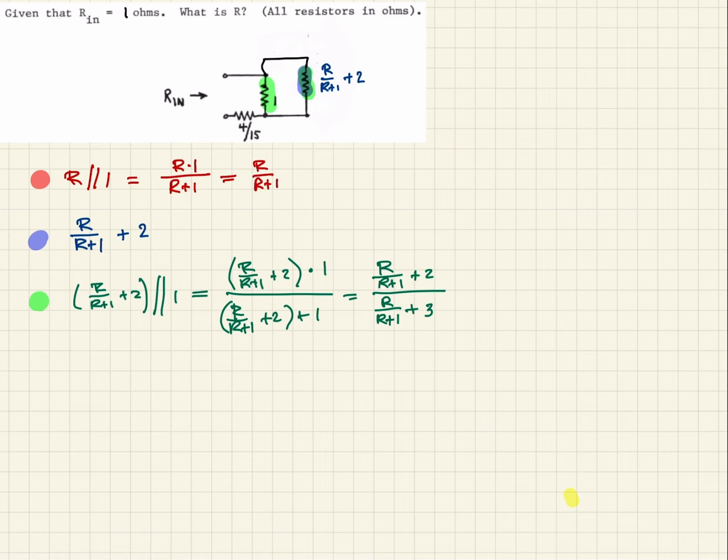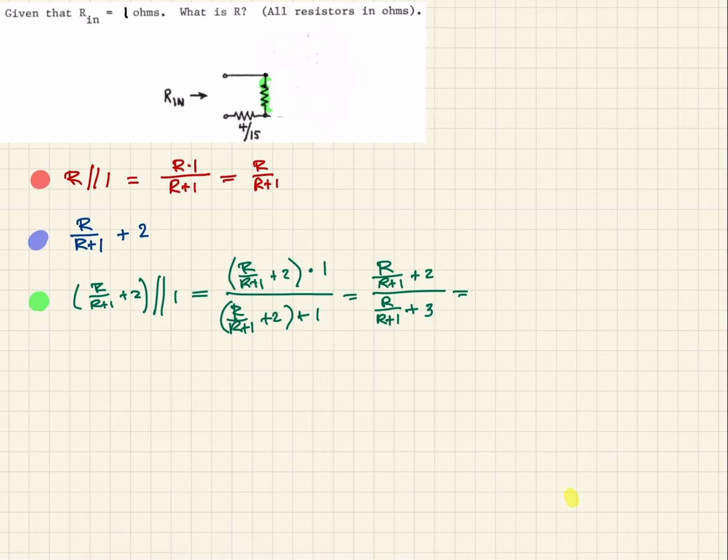So now we can get rid of all of this, because we're going to replace it with one resistor again. And so this new resistor here will have a value, and let's rewrite this again. We can simplify this a little more and make it easier. We can multiply the top and the bottom by R plus 1.